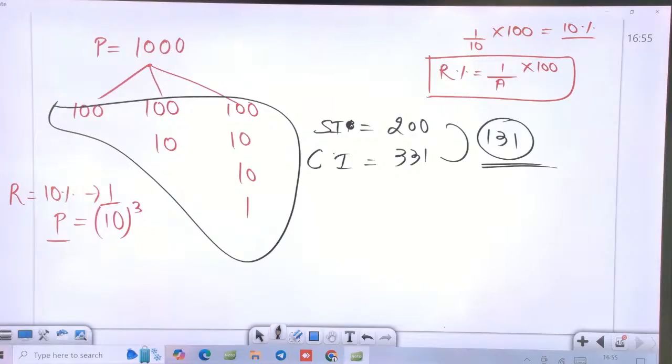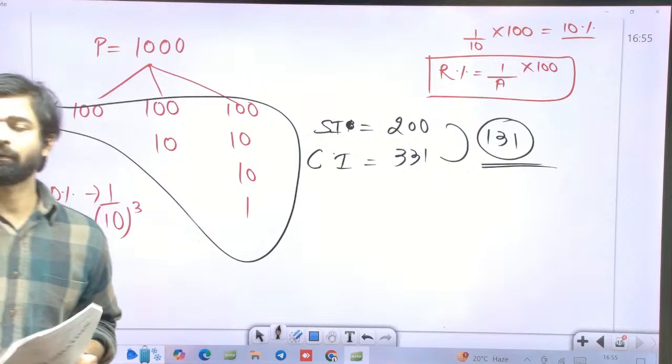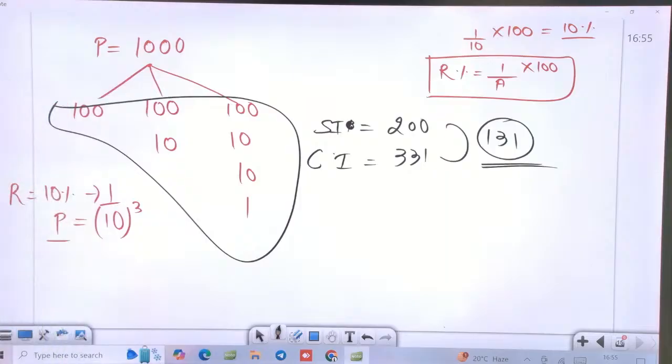The question was, the difference between CI and SI for 3 years at the rate of 10% per annum is 155 rupees. Then find the sum. What is the answer?